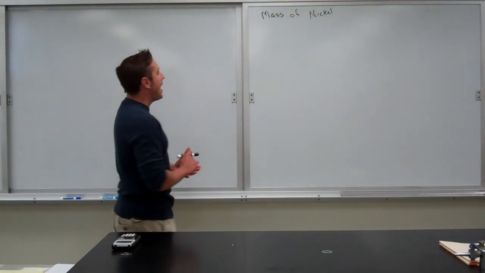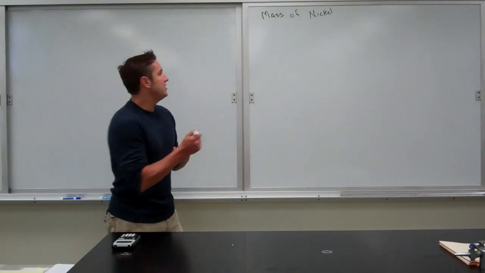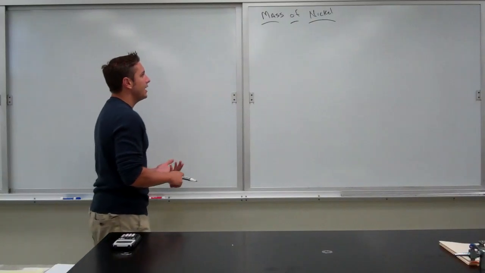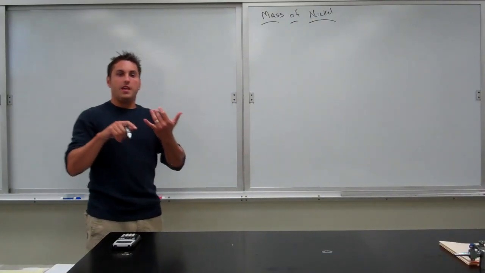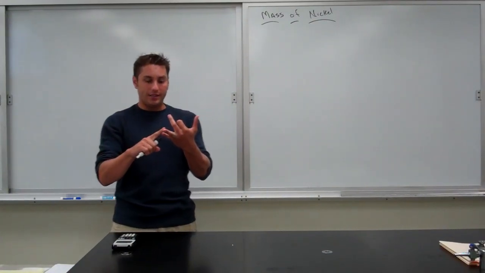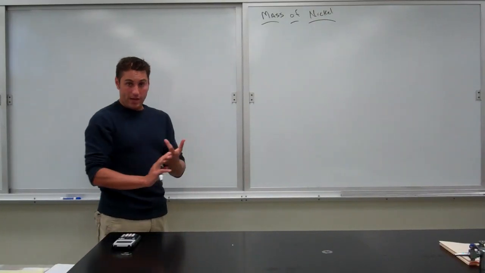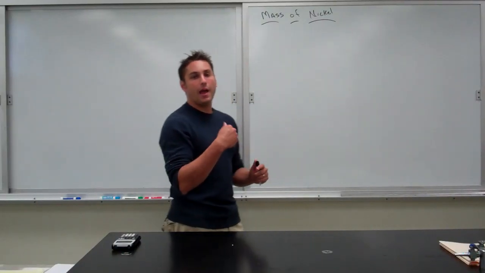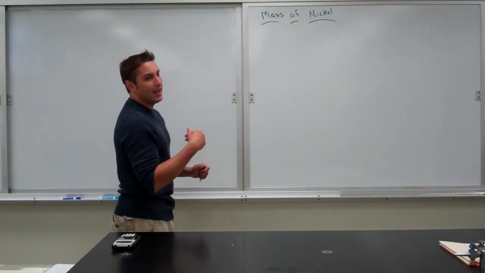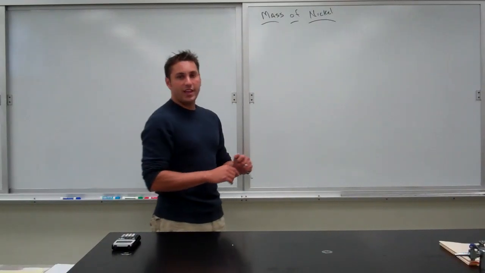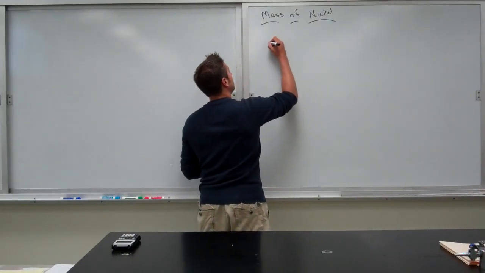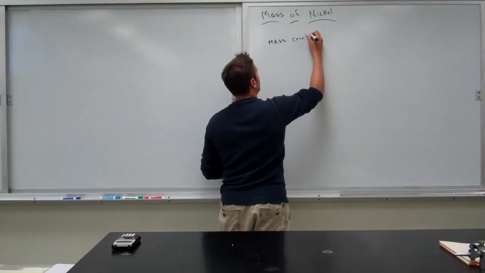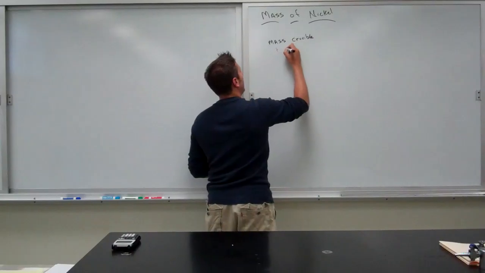So if I'm going to get the mass of the nickel, what I need to do is use the information at my disposal. It looks like I've been given the mass of the crucible and the contents before we heat it, and the mass of the crucible and the contents after we heat it. So on that data sheet you were given, one of the things is the mass of the crucible and the nickel.